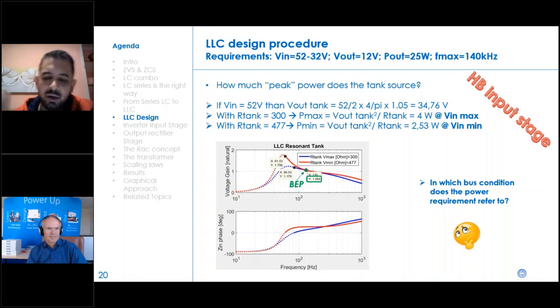So let's say, okay, I would like to get voltage regulation, but to get voltage regulation by swinging the input bus, I cannot deliver the same amount of power, because it's Ohm's law, nothing special.